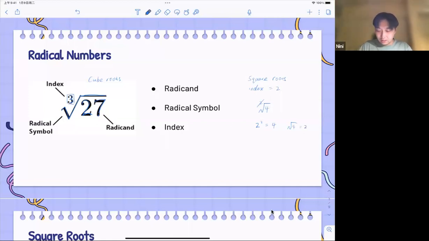But if we write 2 to the power of 1, that is to say 2 only needs to be multiplied by itself 1 time, so that is 2. There's no need for any symbol for it. That is the reason why we start from the square root. So we don't need to specify this 2 as an index in this case.